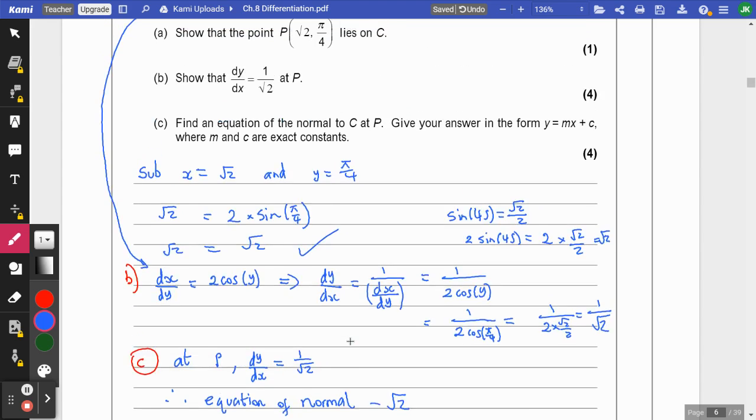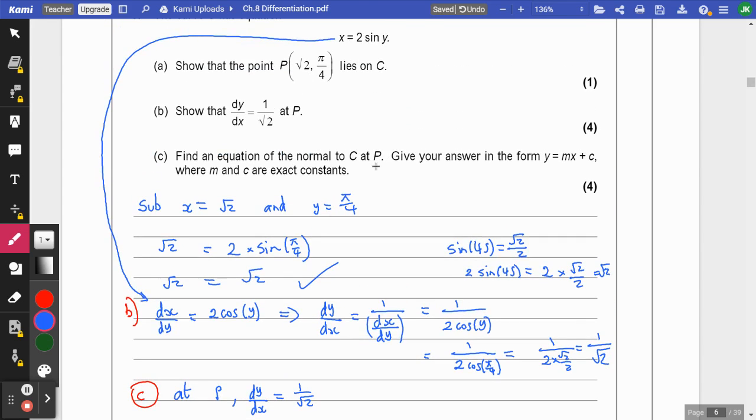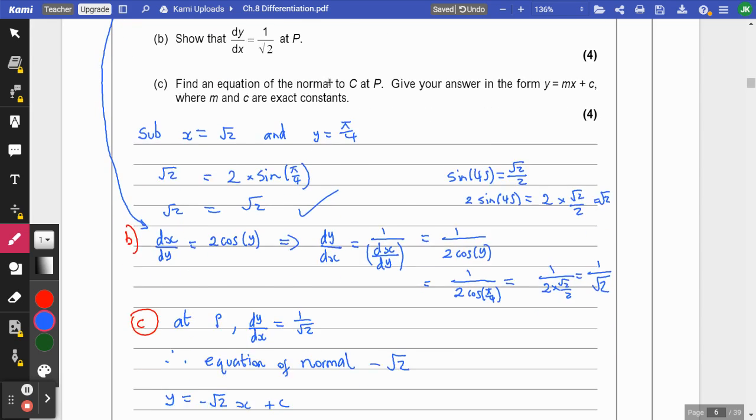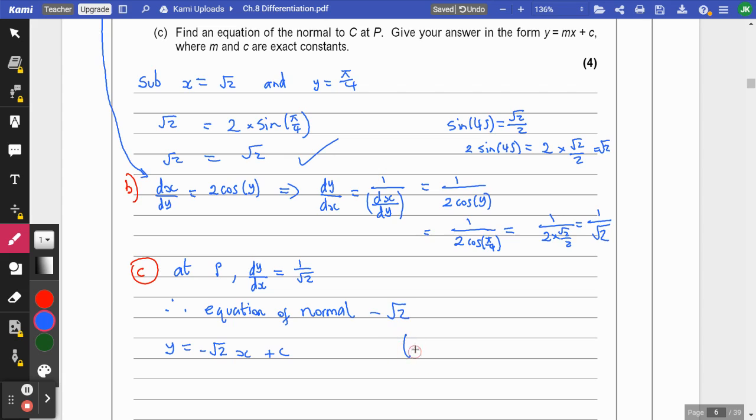And our coordinate P, because it's the normal to C at P, is root 2, pi over 4. So we substitute pi over 4 for y, and that's equal to minus root 2 times root 2 plus c.